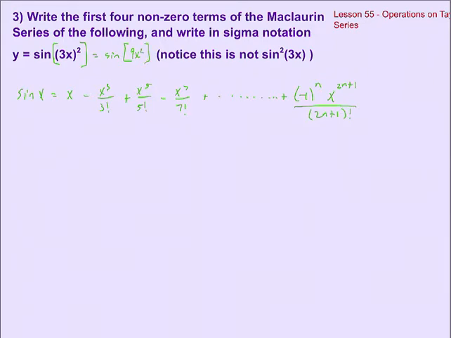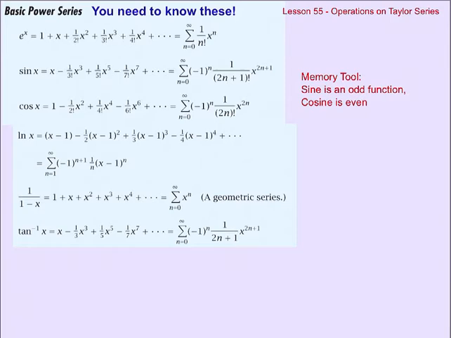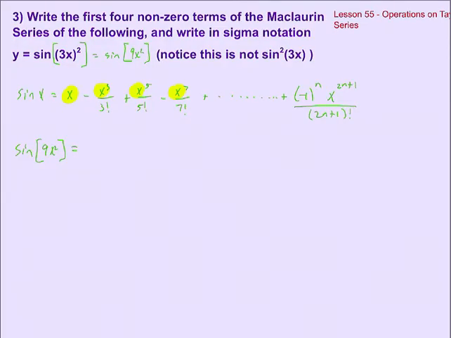And the idea here is that all we're going to do is say, all right, well, if this new function is the sine, but instead of just taking the sine of x, we're going to plug in 9x squared, what I can do is take that 9x squared and just plug it in for every single one of these little x's in here. Every single one of those x's is going to become 9x squared.